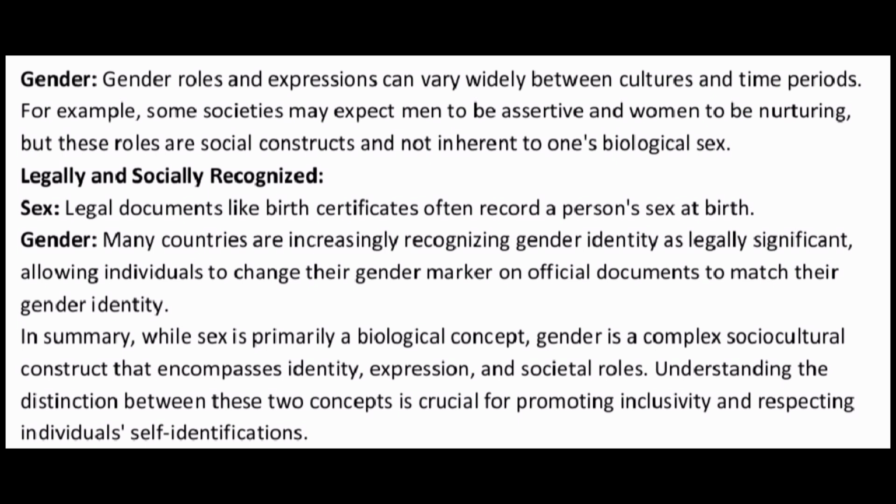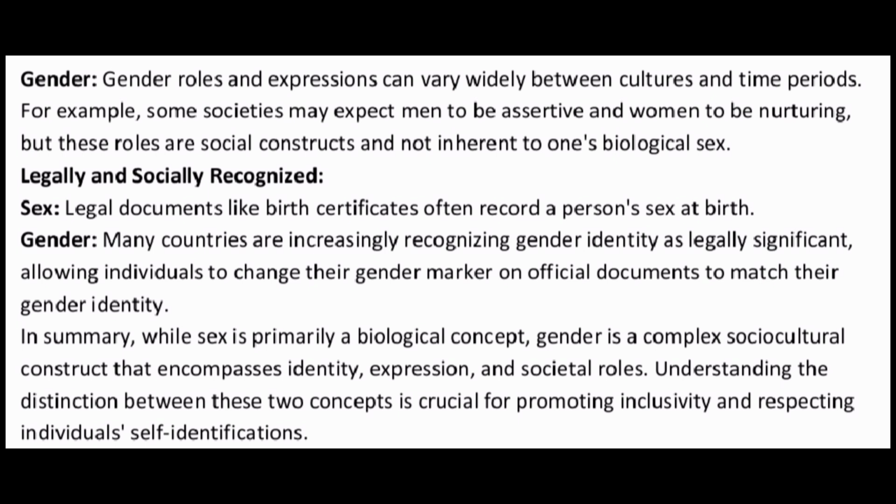Now, legally and socially recognized sex. Legal documents like birth certificates often record a person's sex at birth. So when a child is born, in his birth certificate you will find the name of the parents and the sex of the child, whether the child is male or female. You never see gender there, right?